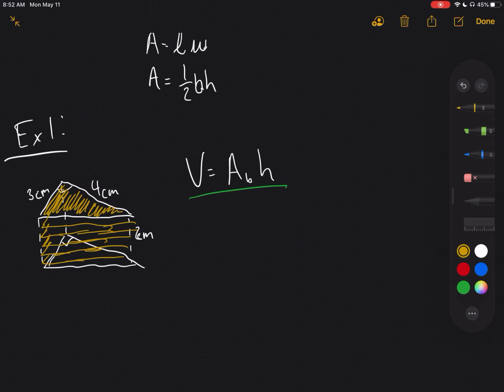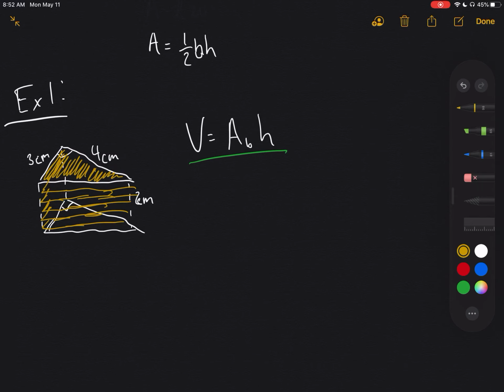So first things first, I want to find the area of the base. So I want to find the area of this triangle, and you'll recall hopefully that the area of a triangle is 1/2 base of the triangle times the height of the triangle, right? So I don't have to think about the height of my prism yet.